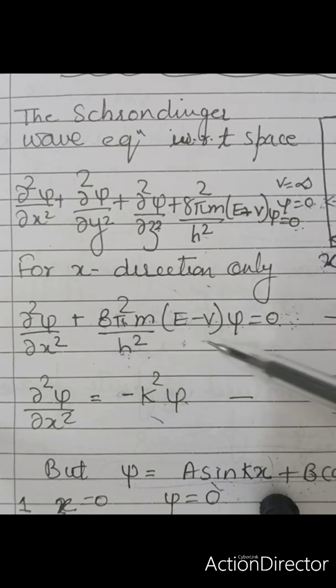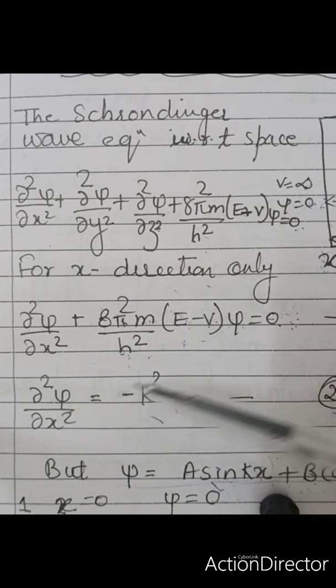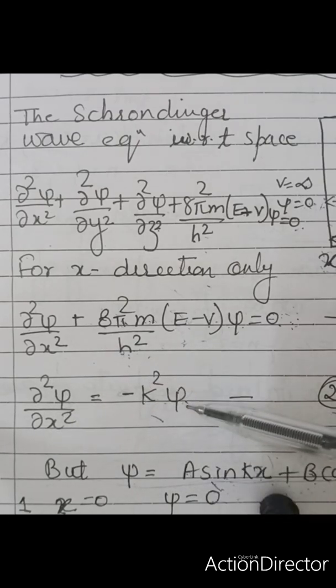Taking k square psi to the right hand side, the equation will be del square psi upon del x square is equal to minus k square psi. Here k square is constant and independent of x.